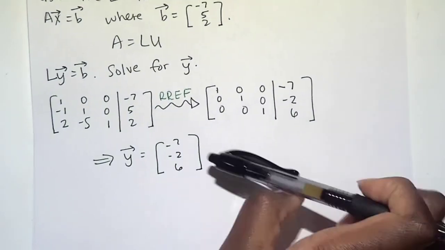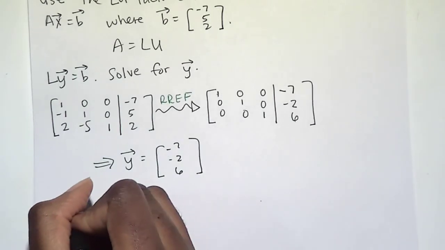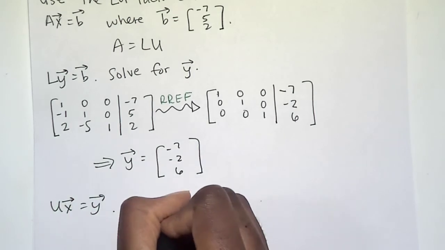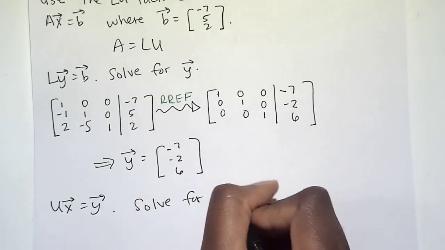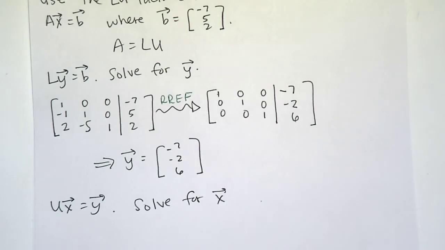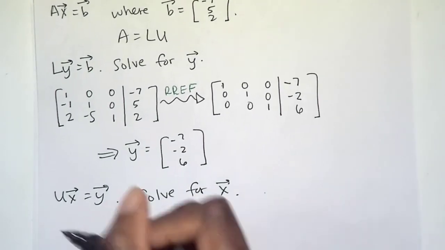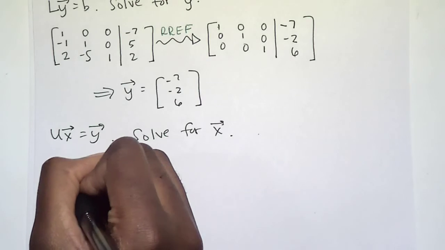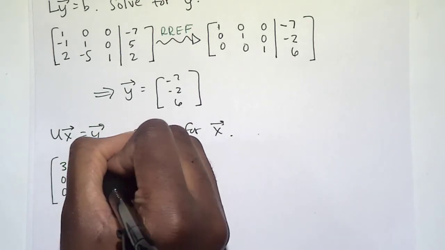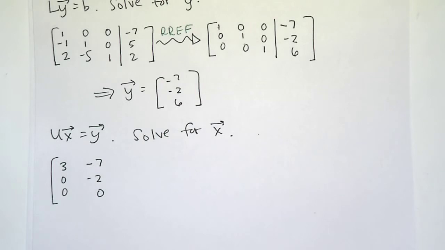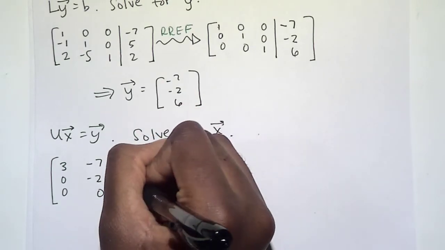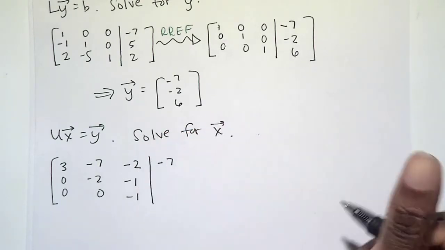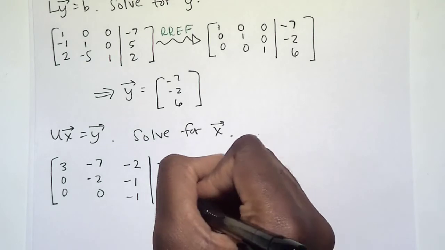Second step, now that we know what Y is, we are going to look at UX equals Y and solve for X, which is the solution of our linear system. All right, so we're going to take our matrix U down the columns if you don't have it in front of you. 3, 0, 0, -7, -2, 0, -2, -1, -1, -7, so set it equal to here, -2, 6.